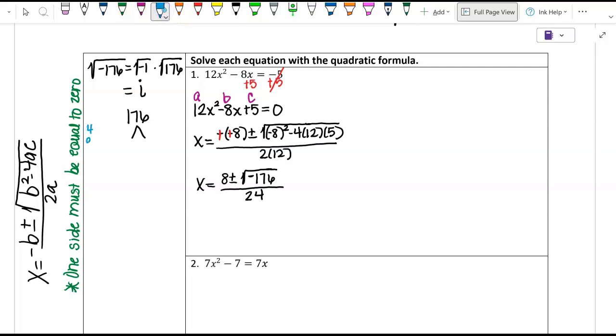Again, we're looking at 4, 9, 16, 25, 36, 49, 64, and 81. Do any of those go in? And if they do, what is the largest of those that goes in?